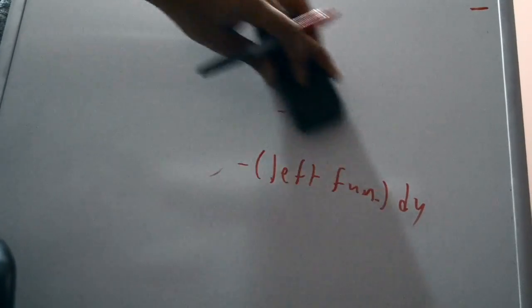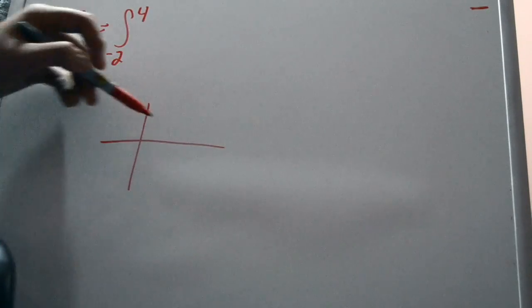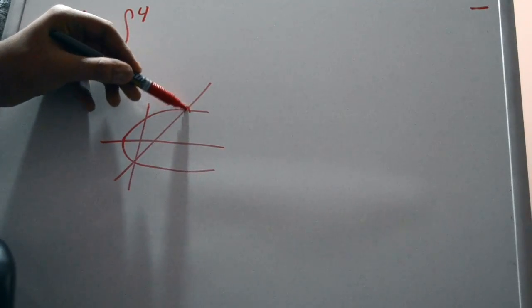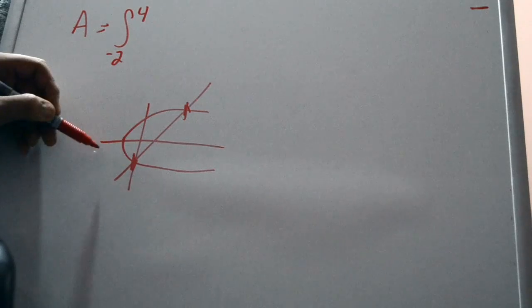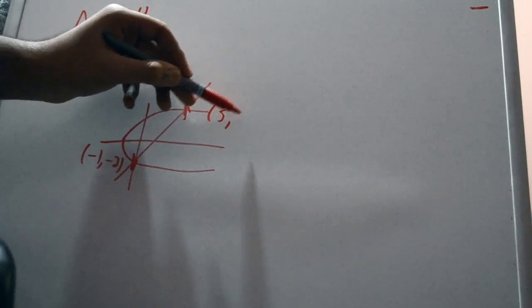We already defined that the right function is the line and the left function is the parabola. So we will have the definite integral from -2 to 4. Remember where the area is trapped. I'll draw the graph one more time. Right here and right here we have points of intersection, (-1, -2) and (5, 4).